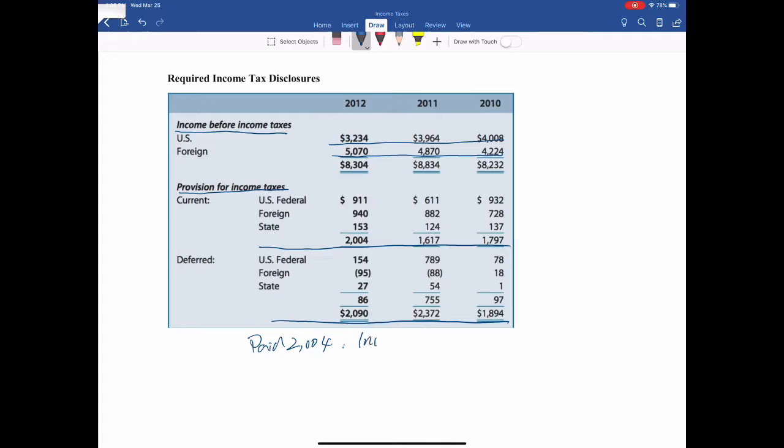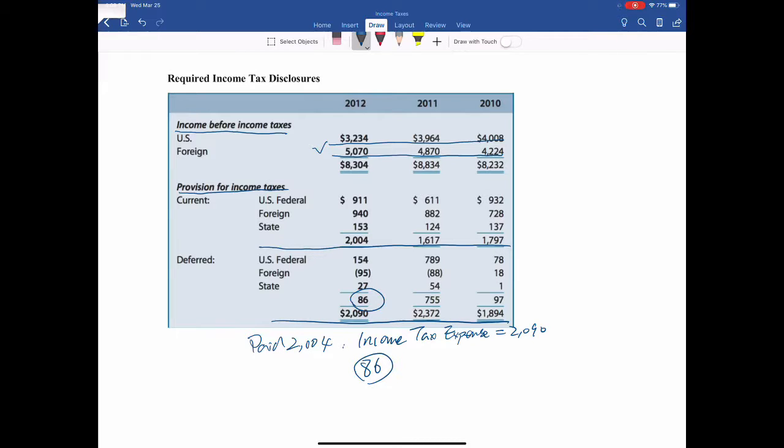The income tax expense differs by 86, which is also available here as the total deferrals. This also implies the firm's deferred tax liability increased because it defers its tax payment. This table shows us the source of income before tax and the component of provision for income taxes.